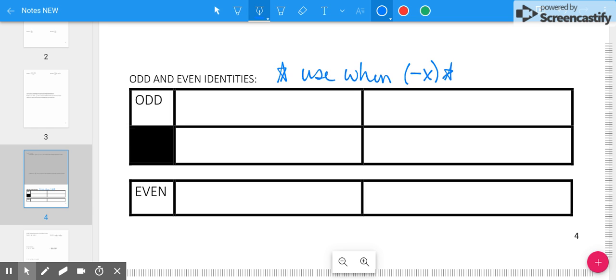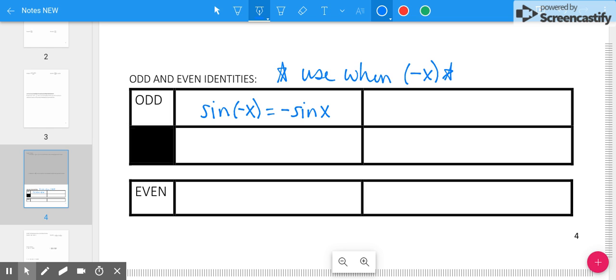So odd identities are the ones that, again, have symmetry about the origin. And the first one that we will see this happen on is sine of negative x. And all we do is that x that was negative, the negative gets to come out in front. So we pull the negative out. Now, the thing about the trig identities is that if a function is odd, then its reciprocal is also odd.